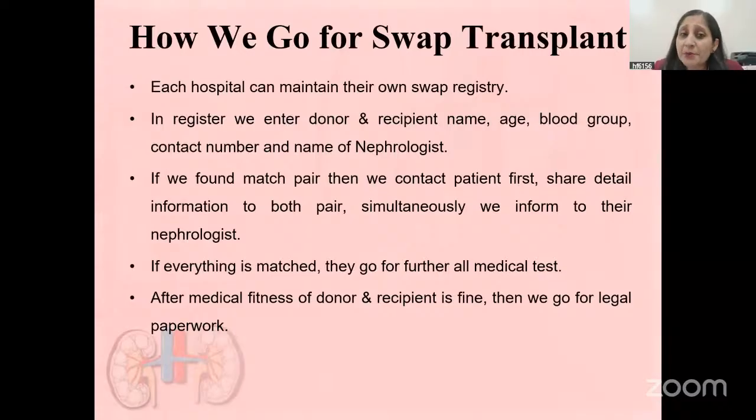If we find any pair with a good compatibility match, we talk to the consultant, or sometimes the consultant informs us that this is a pair with a better match and we can go for a transplant. And definitely we do the medical fitness of the donor and recipient. If it is a better match, we can go for a swap transplant.